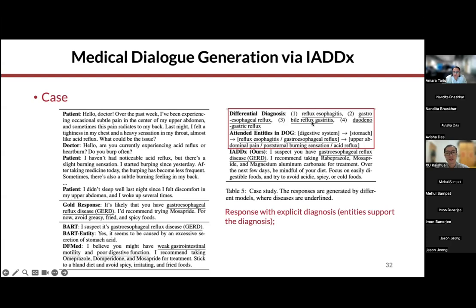Based on these diagnoses, we generate our responses. Actually, we are the only ones that can accurately predict the disease. I am marking these responses with explicit diagnosis, plus these entities that support the diagnosis. Supporting entities means the systems and the organs.